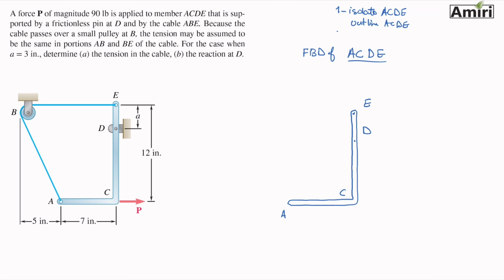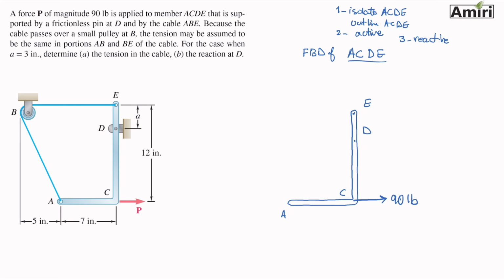Step 2 is put all the active forces and moments on the free body diagram. When I look at this, the only active force that I see is this force of 90 pounds being applied at point C. I don't see any other moments or forces. And step 3 in the free body diagram is to put reactive forces. These are the forces that are trying to mess up the equilibrium.